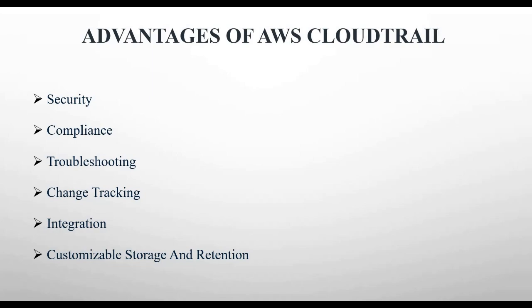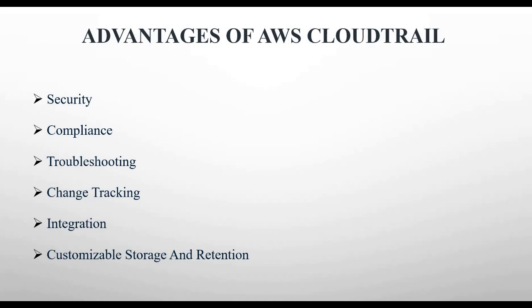Let's see them one by one. Security: CloudTrail records every API call, which helps detect abnormal activity and vulnerabilities. Compliance: CloudTrail automatically records activities, which helps ensure compliance with regulations. Next is troubleshooting. CloudTrail logs can help identify when and why issues occur. Next is change tracking.